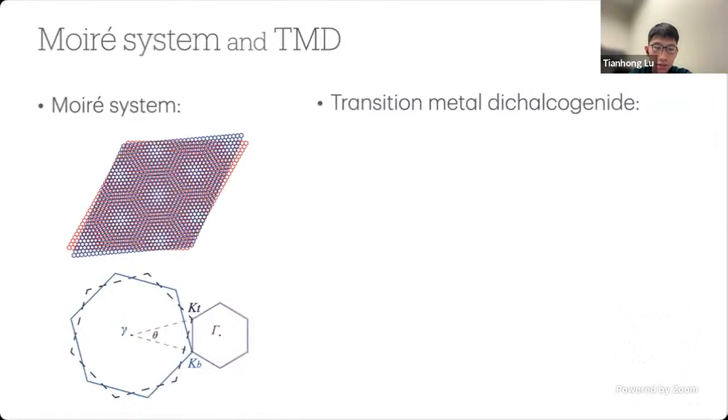When there is a tiny twist, the high symmetry point, for example the K point from the two layers, which we call K_T (K top) and K_B (K bottom), is shifted by a small distance. This distance makes one edge of the moiré Brillouin zone. The resulting moiré Brillouin zone is still a hexagon, but much smaller.